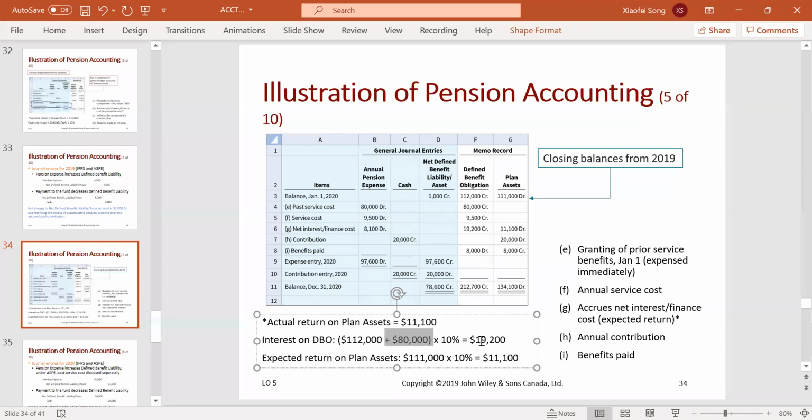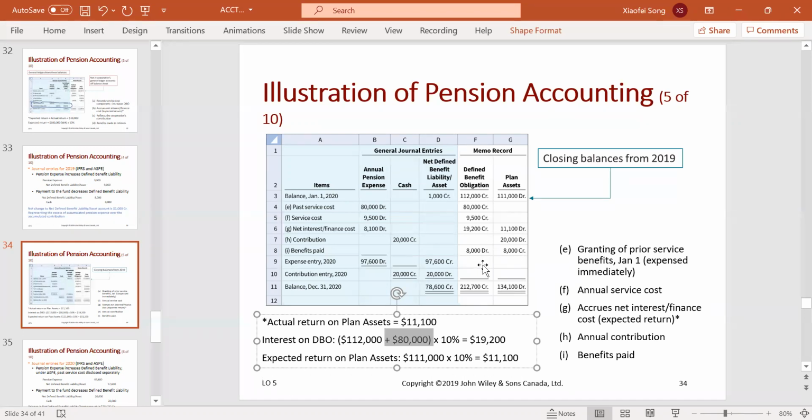The difference between these two is 8,100. So the journal entry would include two debits, because we debit plan assets and we also debit pension expense. The total debit is the same as the credit to defined benefit obligation.